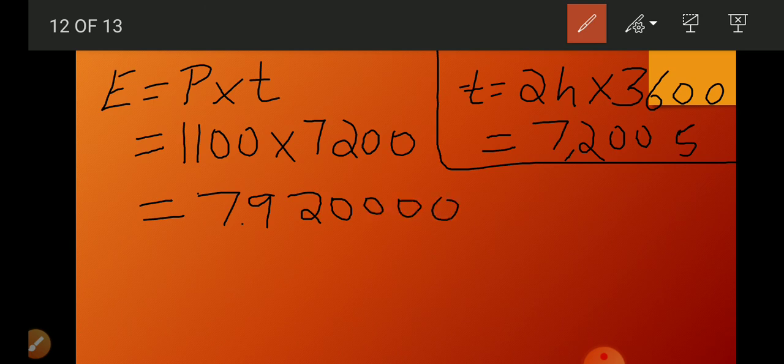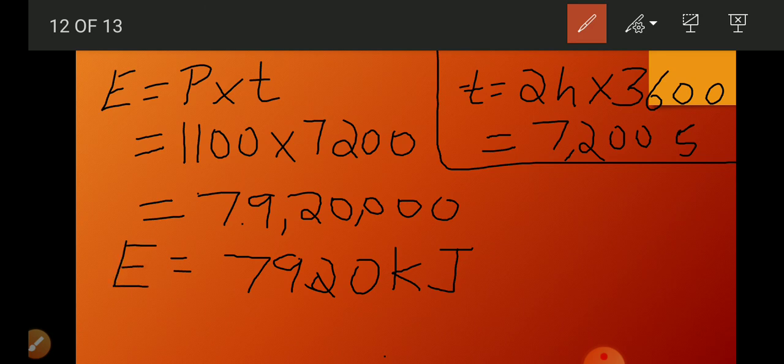If you multiply, you are going to get 7,920,000, and you can write it as 7920 kilojoule. So energy consumed, E, is equal to 7920 kilojoule.